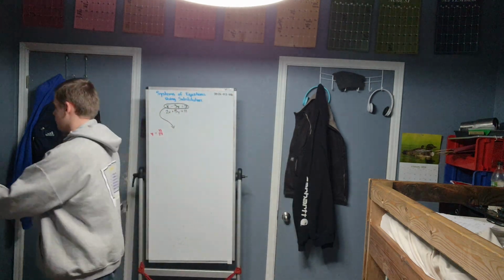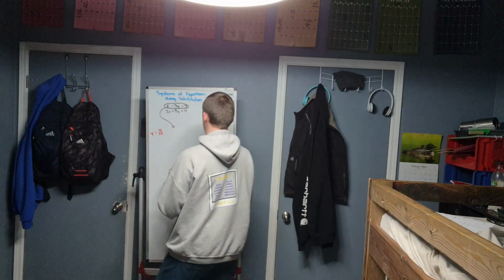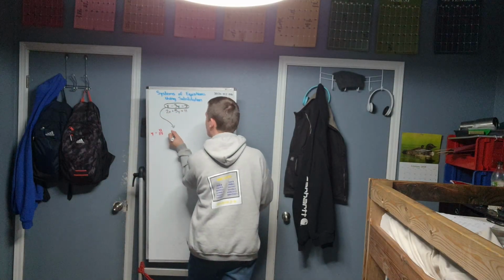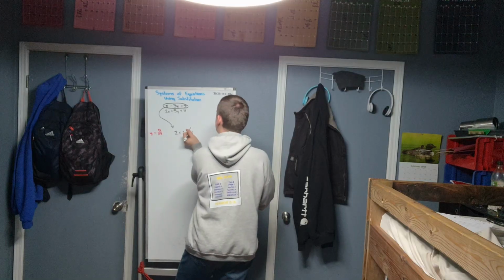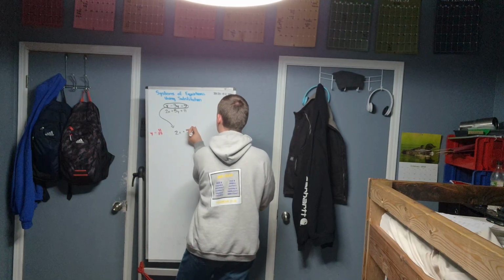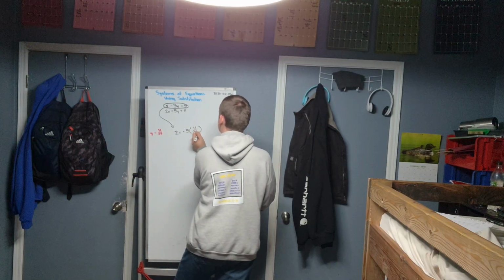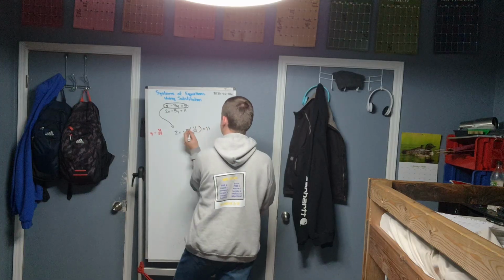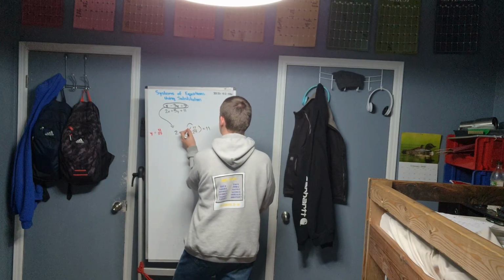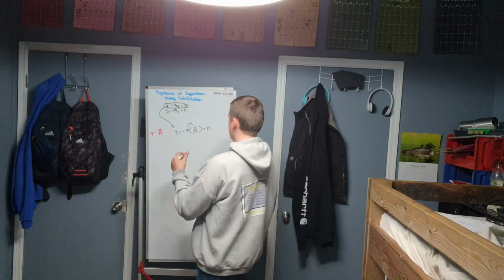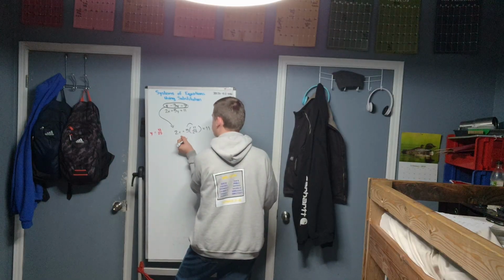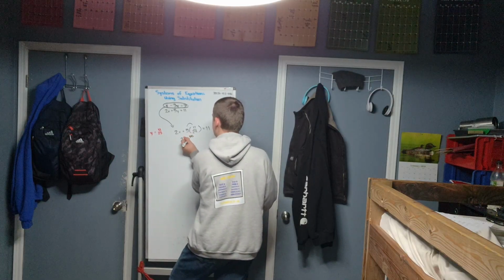Okay, so now we're going to do 2x plus 5 times 11 over 29 equals 11. So we're going to do 2x plus 55 over 29.